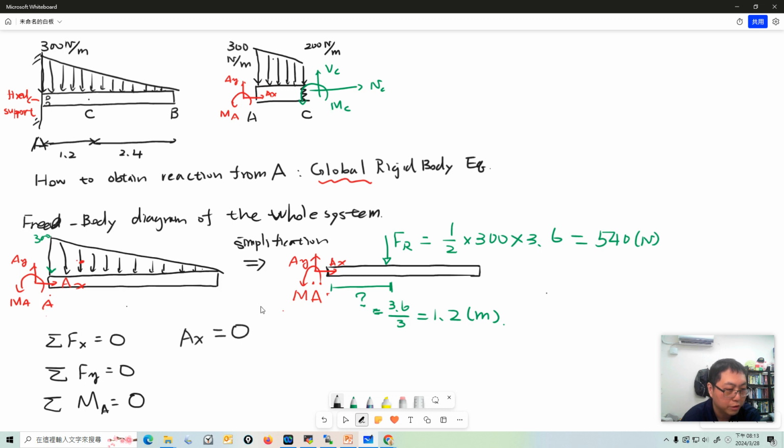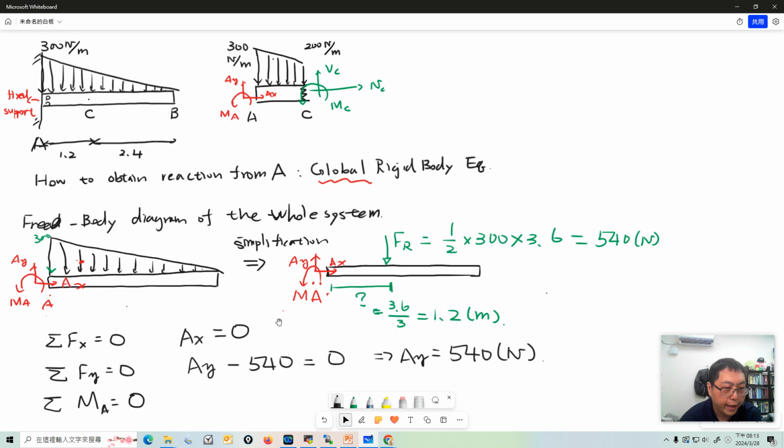For the total y component equal to zero, we have Ay pointing up, and FR pointing down, 540 Newton, so it's minus 540. Nothing else, so we solve this: Ay is equal to 540 Newton.